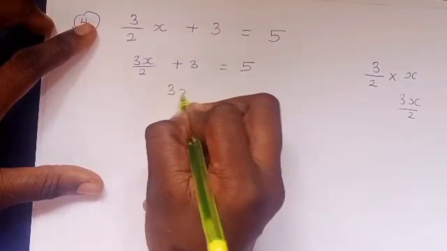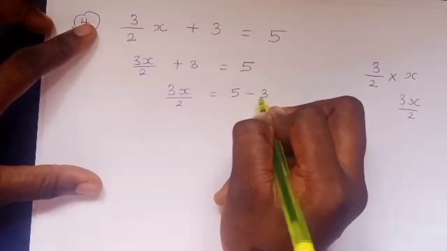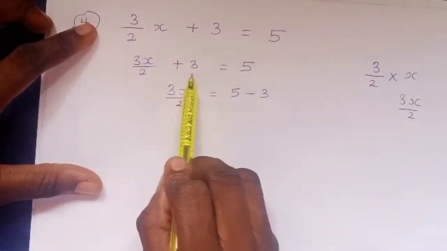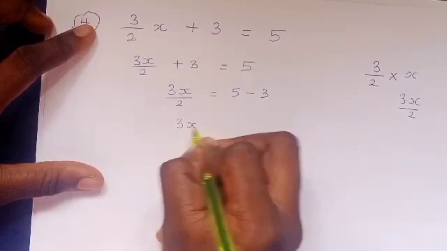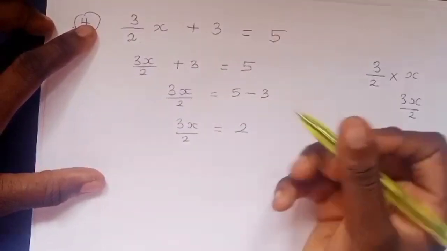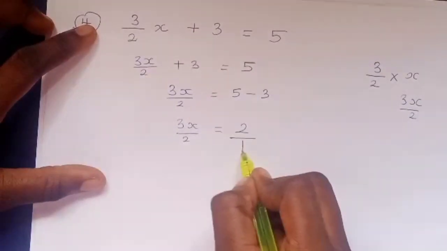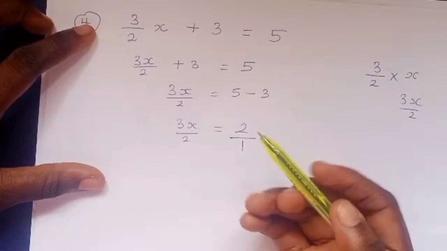So it will be 3x/2 equals 5 minus 3. I hope you understand this logic. This is moving to the other hand, so it will be minus 3. 3x/2 equals 2. Now from here, 2 also means 2 over 1 here. You know anything over 1 is still the same number.